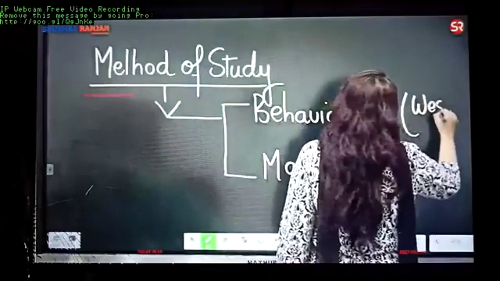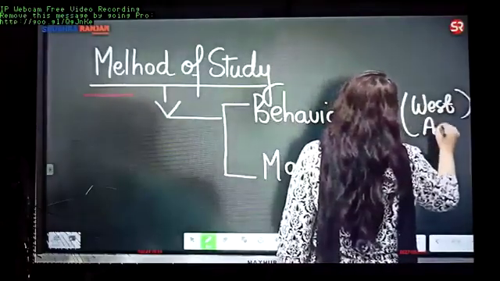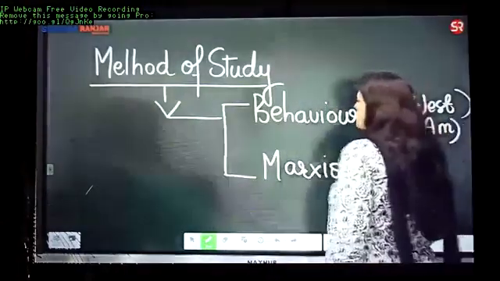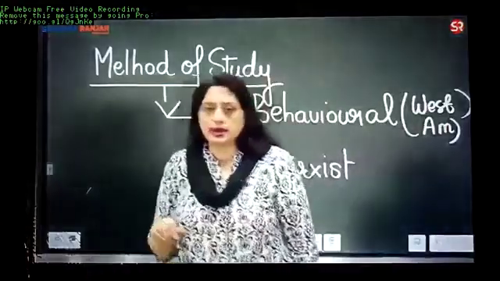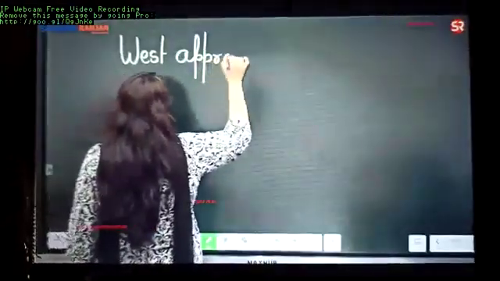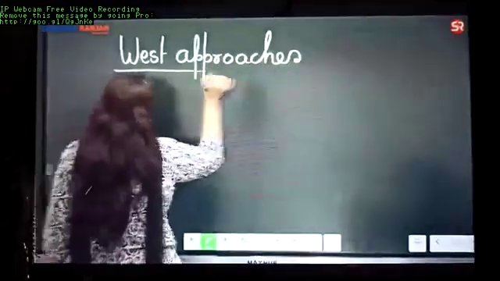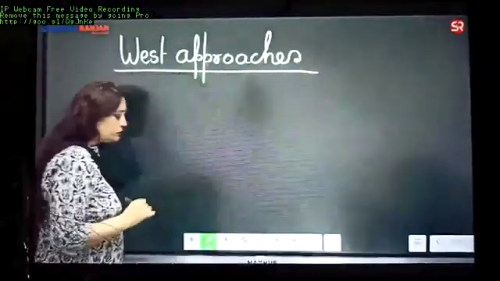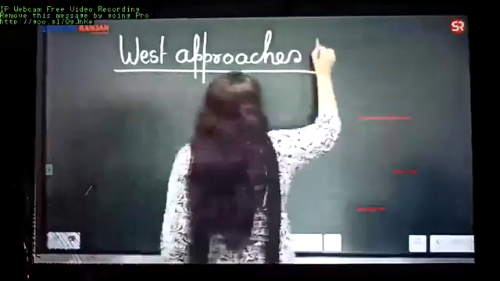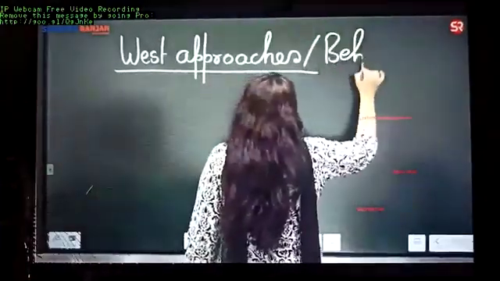So behavioralism developed in US, so by Western approaches and by Marxist approaches. Fine. So let us see understanding of post-colonial societies by Western approaches. Western, you can say behavioral approaches.